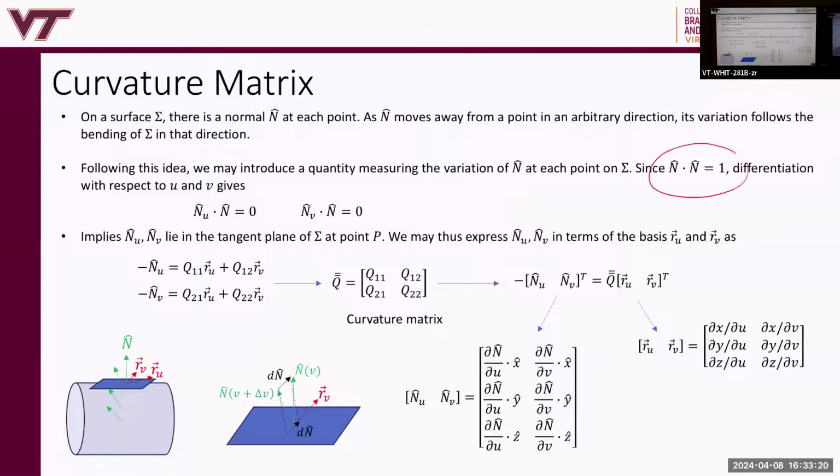We go back to the same thing we always do. Take some kind of dot product relationship and differentiate it. So if we differentiate n hat dotted with n hat equal to 1, with respect to u, we get this expression, right? So n_u is the partial derivative of n hat with respect to u, dotted with n, that equals 0.